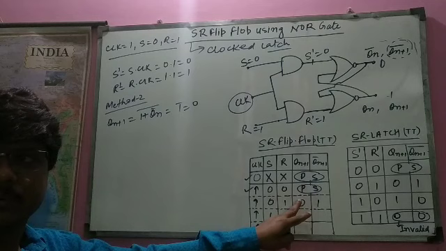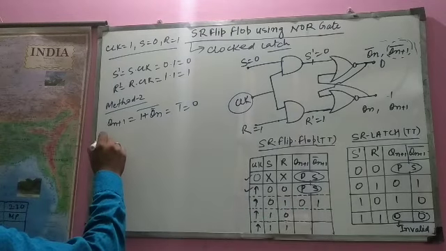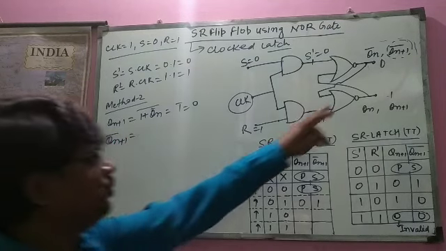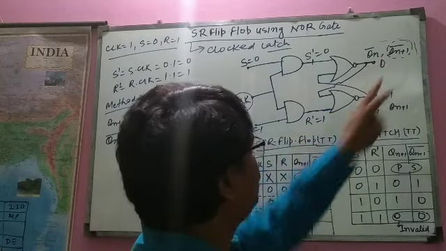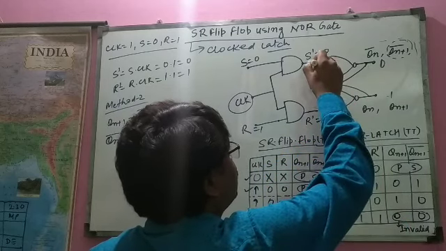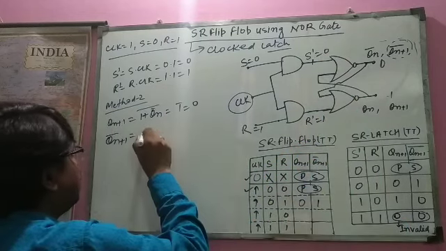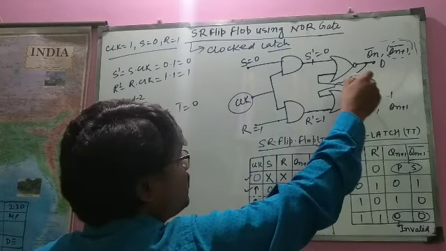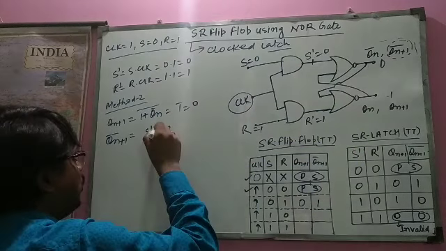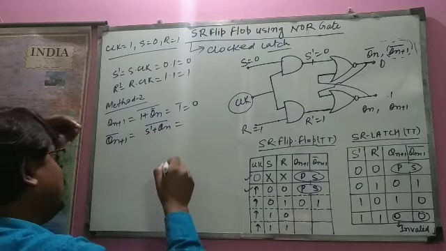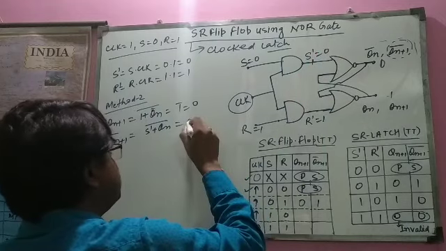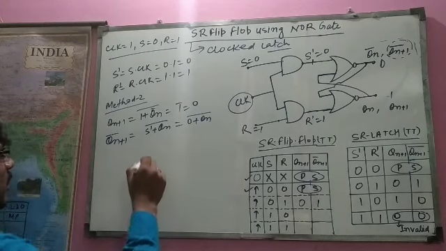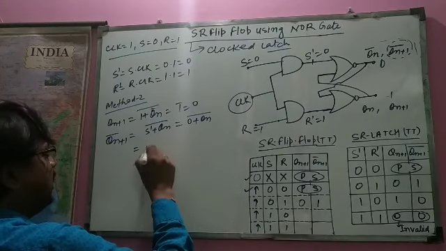So here we can put like this and calculate Qn plus 1 bar also. This Qn plus 1 bar will be the function of these two inputs. The first input is S dash, and the second input is Qn, coming from here. Now see, what is the value of S dash in this case? This is 0 plus Qn, and 0 plus Qn means Qn, so the whole bar, it will be Qn bar.